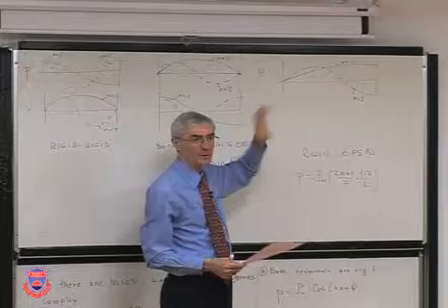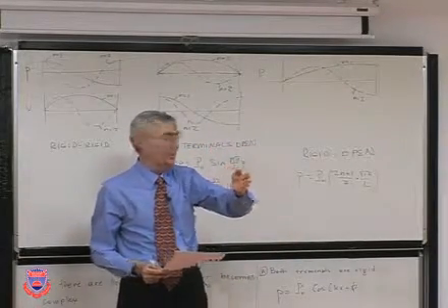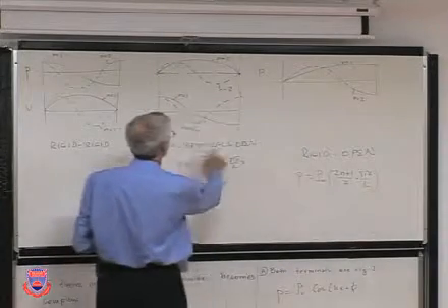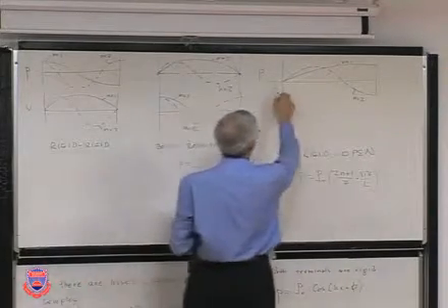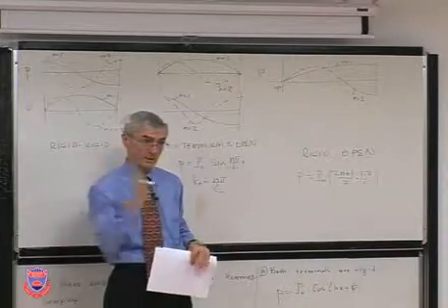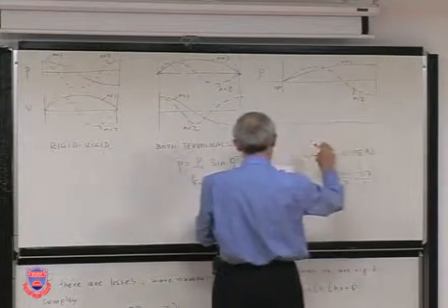Open end. Pressure release, right? Particle velocity is 0 at the rigid end. So this is the open end, and that's the closed end because pressure is maximum. And the corresponding velocities, of course, have just the opposite.